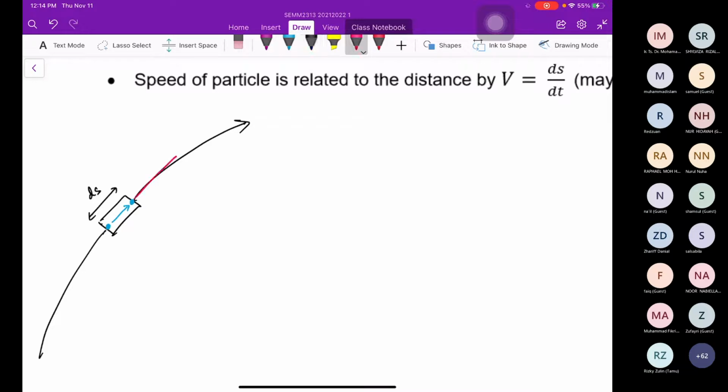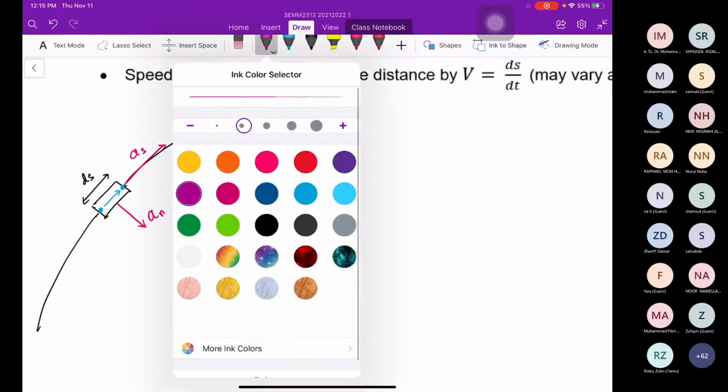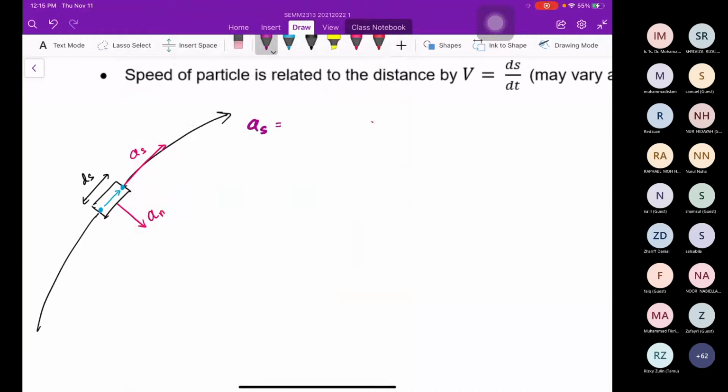Then we separate the acceleration following the streamline direction and the acceleration following the normal. AS basically is the streamline acceleration.